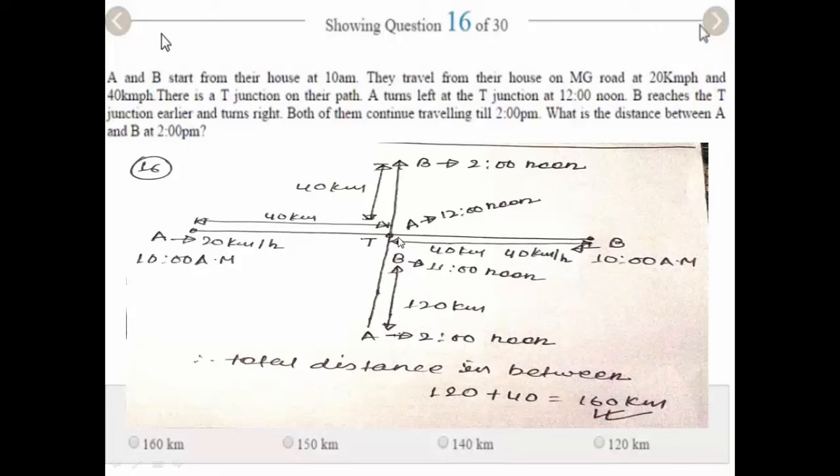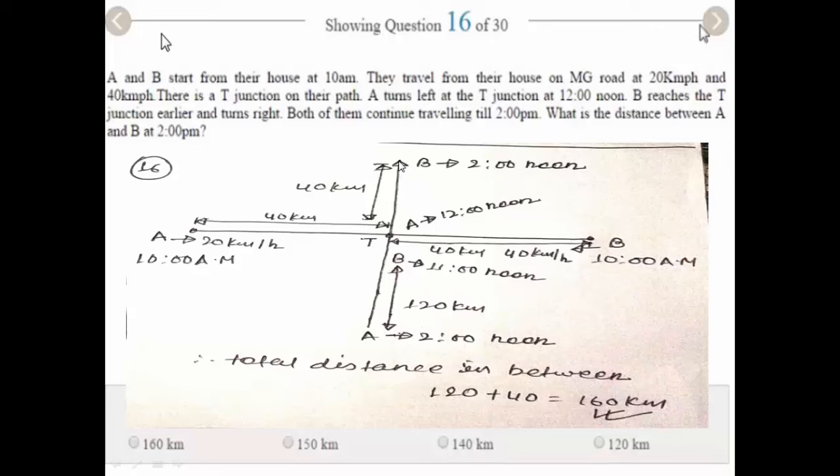Then B comes here at 11 o'clock and turns right and walks up to 2 o'clock. And from T to 12 o'clock, it covers 120 kilometers, and A covers 14 kilometers because its speed is 20 kilometers per hour.